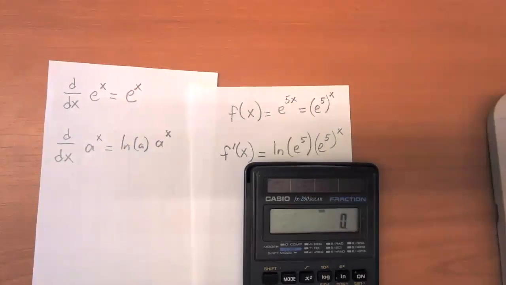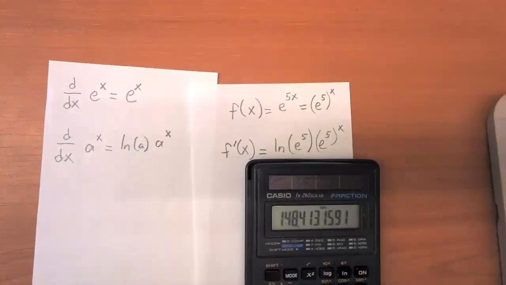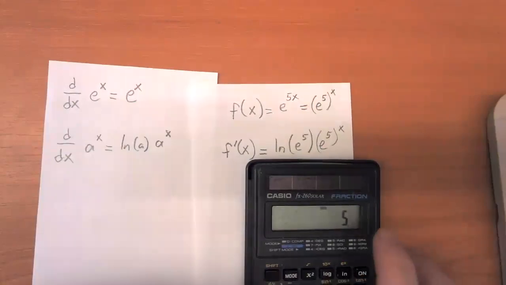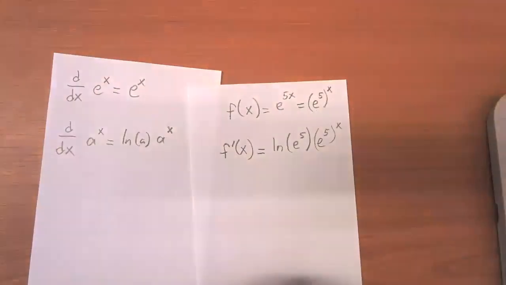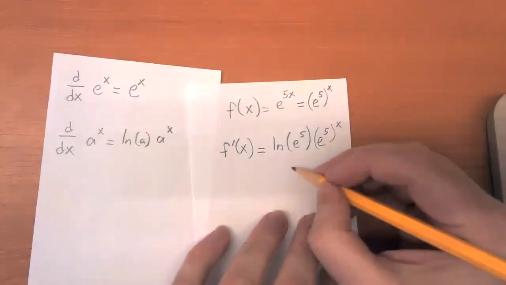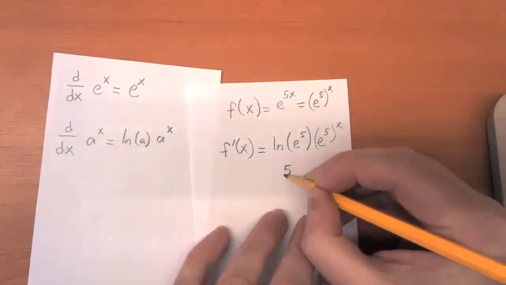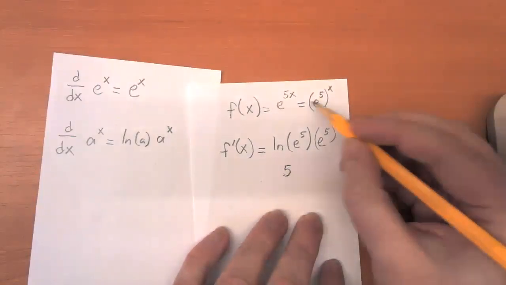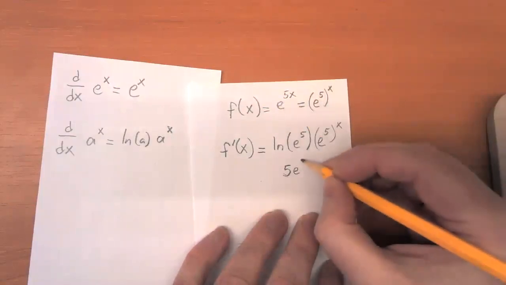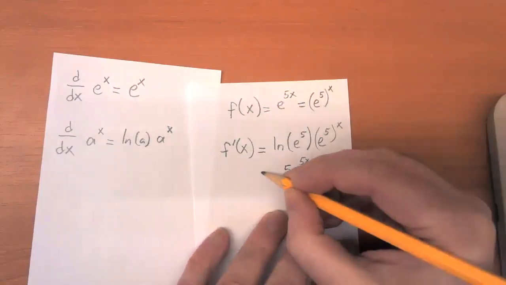If I calculate e to the 5th power, it's that. And then if I take the natural logarithm, I get right back to 5, because natural logarithm and e to the x power are inverses of each other. And so e to the 5 to the x, I'll go back to writing as e to the 5x.